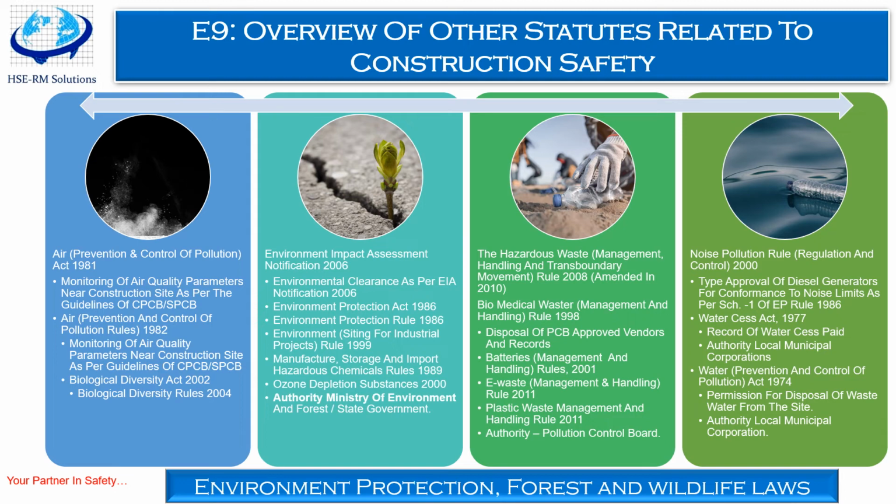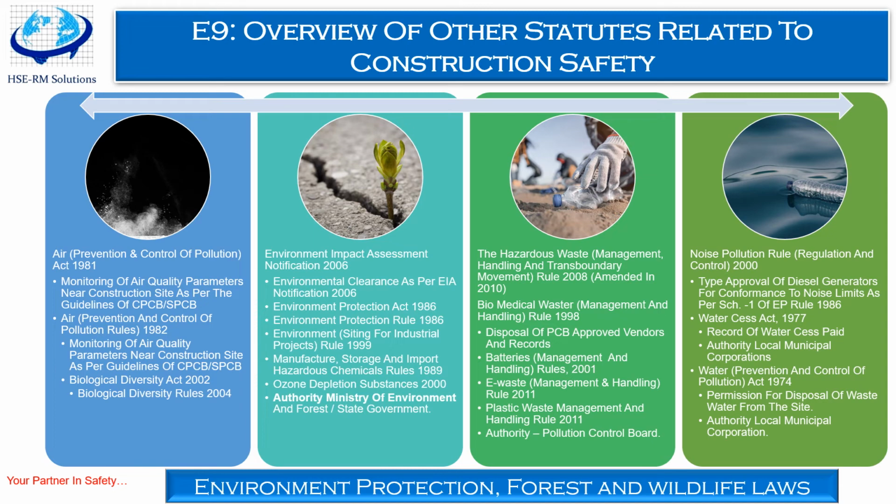Environmental clearance as per the EIA Notification 2006 is required to be taken. So, who is the authority? The authority here is the Ministry of Environment and Forest and the state government or state pollution control bodies, who give you clearance on whether you can set up this project here or not.